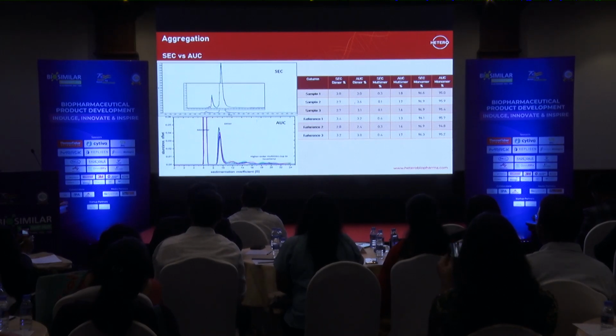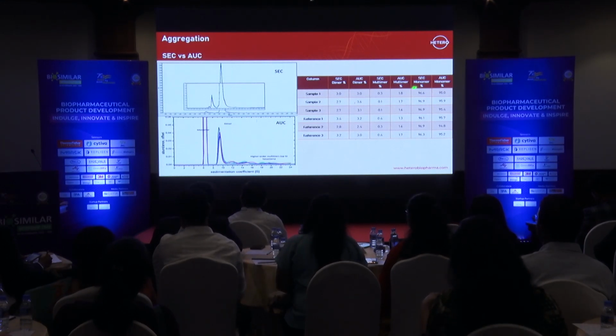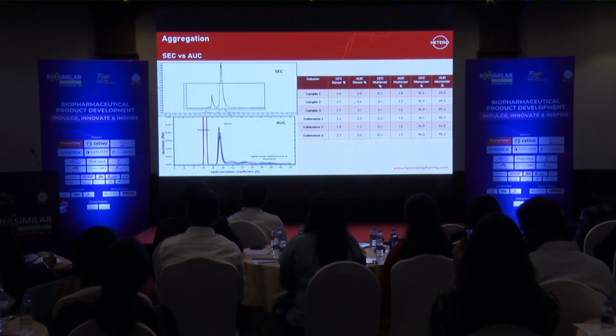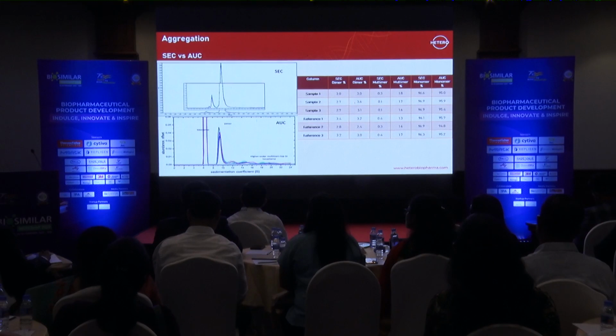SEC and AUC are generally seen as orthogonal methods. Yes, of course, but both have their own underlying principles and capabilities. The multimer resolution capability of AUC is much higher than SEC, because the fractionation of SEC is not as accurate as AUC. But AUC has a disadvantage that it cannot do the low molecular weights as effectively as an SEC or a CE would.